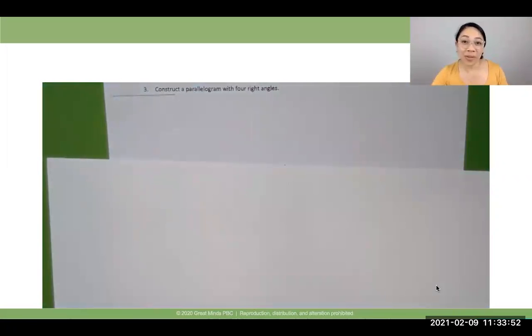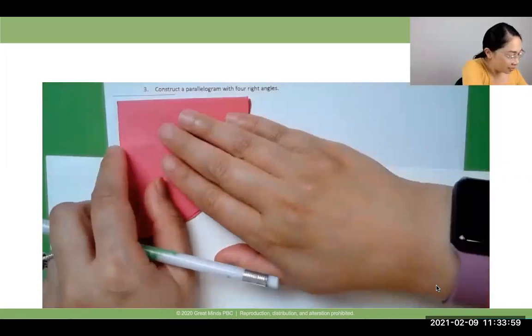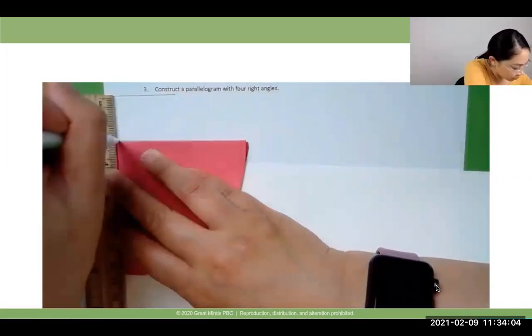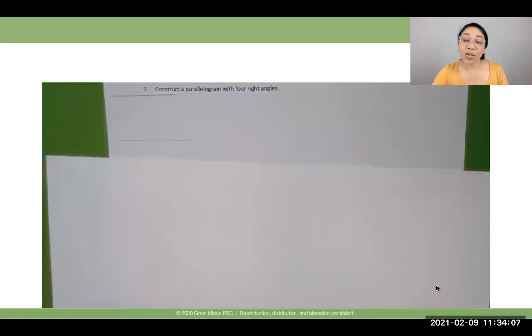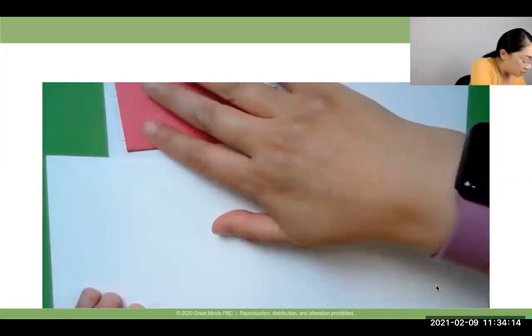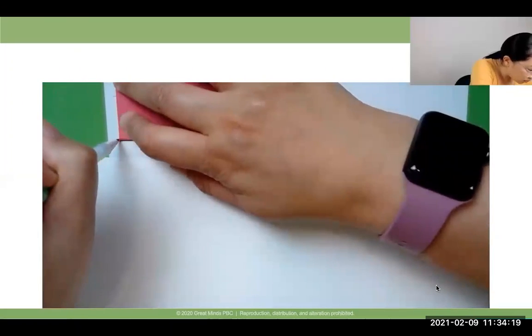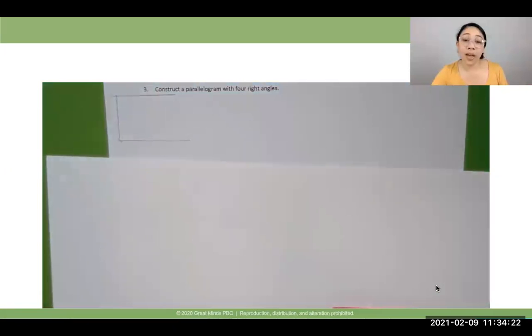Then, using your right angle template and your ruler, draw a segment that's parallel to the first segment that we just drew. Next, draw a third segment with a right angle perpendicular to the baseline. Finally, draw a fourth segment that is also perpendicular to the first segment.